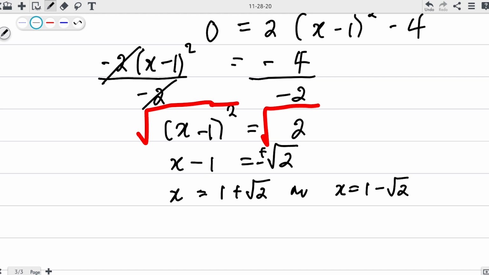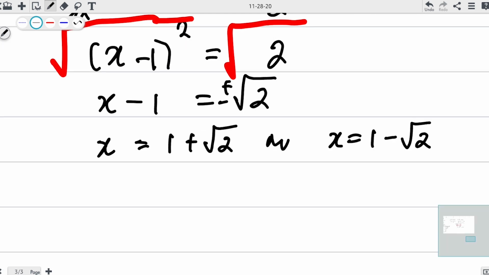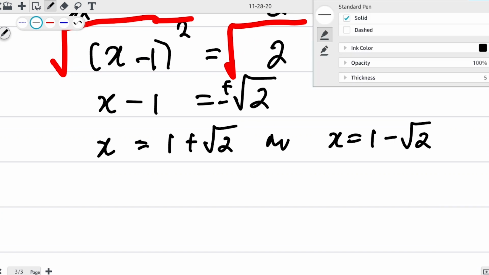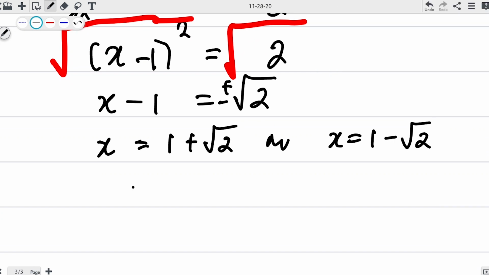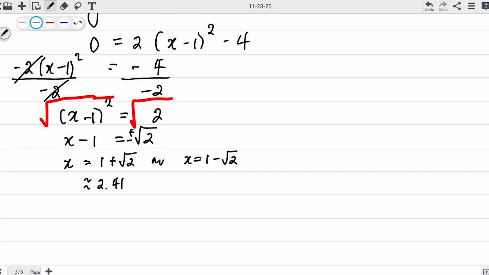Of course, ang hirap nitong i-plot. Let's get the decimal representation of 1 plus square root of 2. Okay, square root of 2 is approximately 1.41. So, ibig sabihin, this is approximately 2.41.